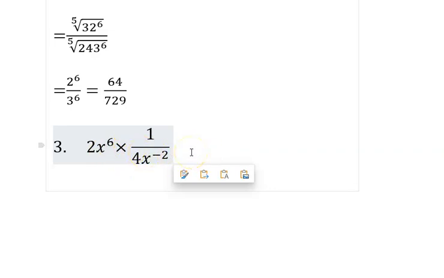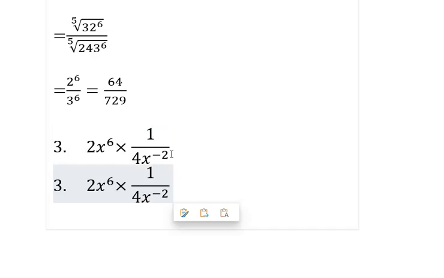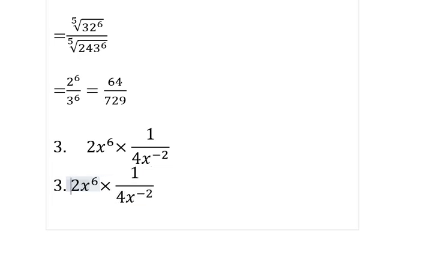Now, it is very easy. It's just for us to say, okay, let's get out this. Awesome. 4x raised to power minus 2.